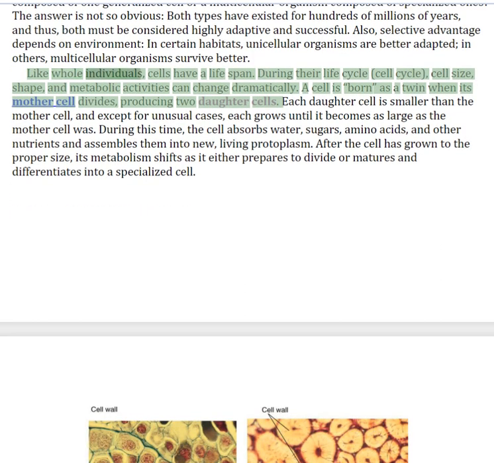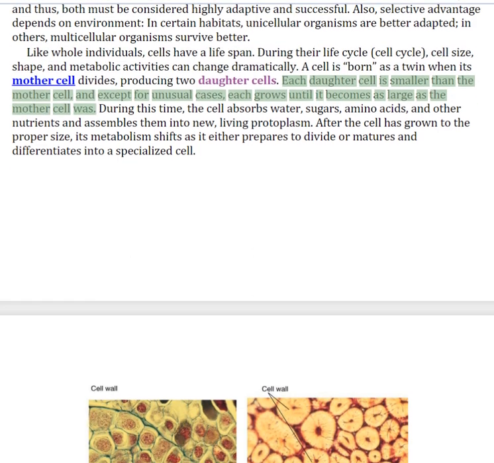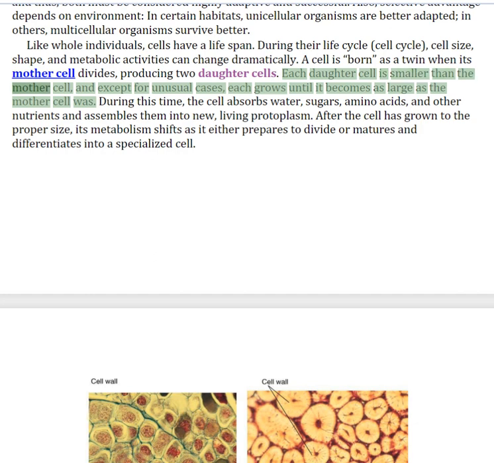Like whole individuals, cells have a lifespan. During their life cycle, cell size, shape, and metabolic activities can change dramatically. A cell is born as a twin when its mother cell divides, producing two daughter cells. Each daughter cell is smaller than the mother cell, and except for unusual cases, each grows until it becomes as large as the mother cell was.